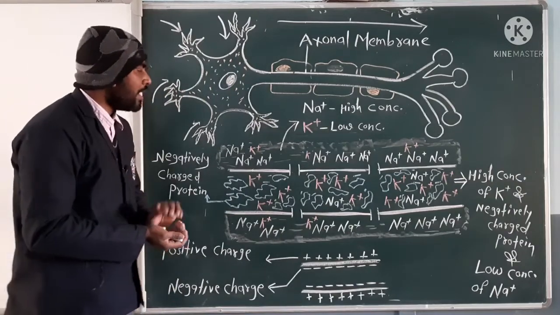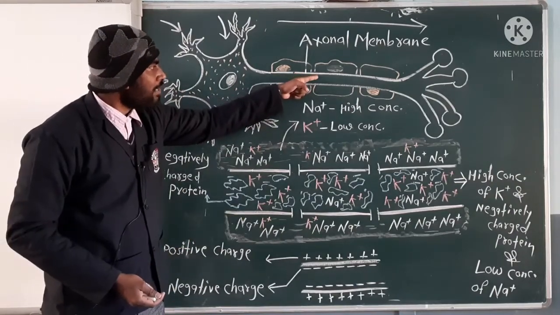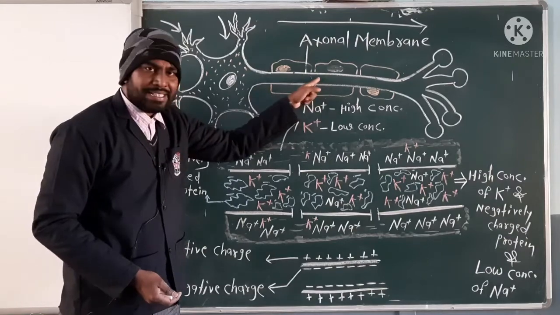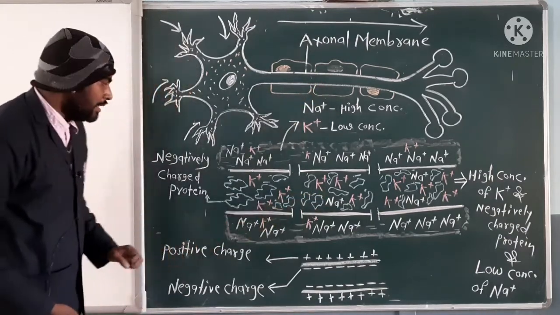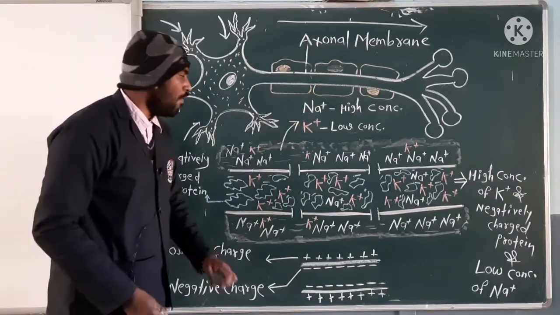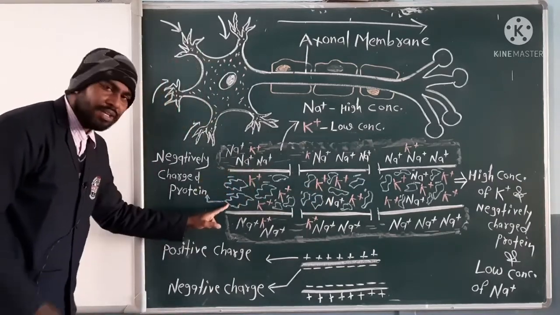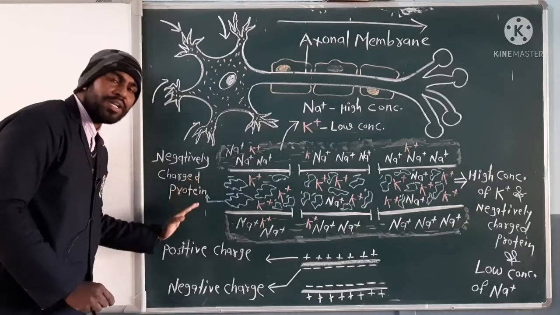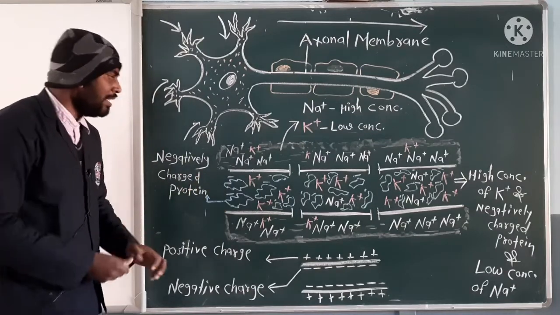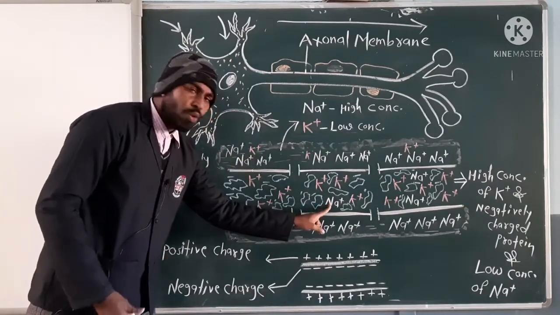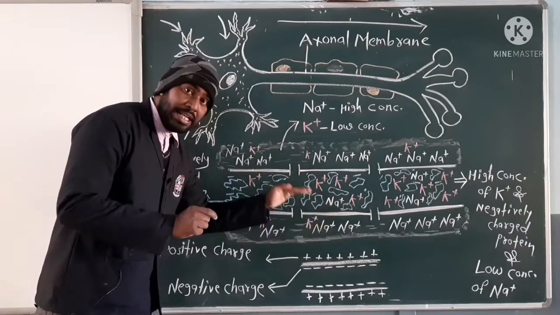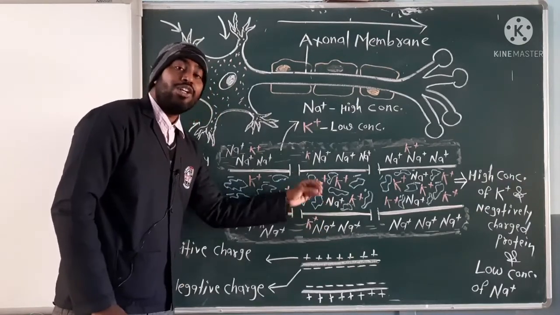Now we have to understand that inside the axonal membrane, that means inside the axon, there is a high concentration of potassium ions and a high concentration of negatively charged proteins. Whereas sodium ions are present inside the axon in low concentration.